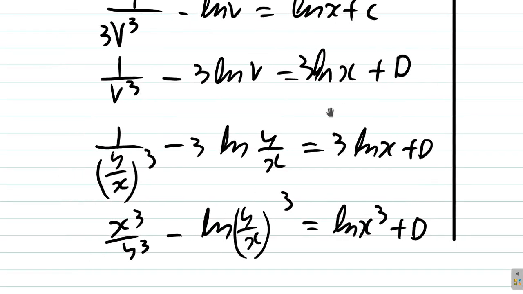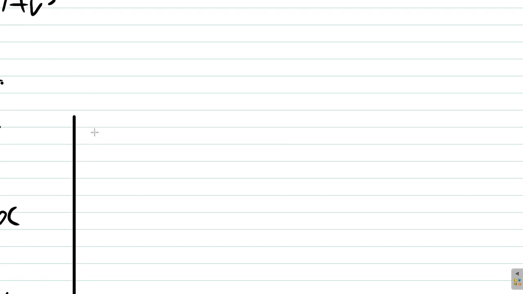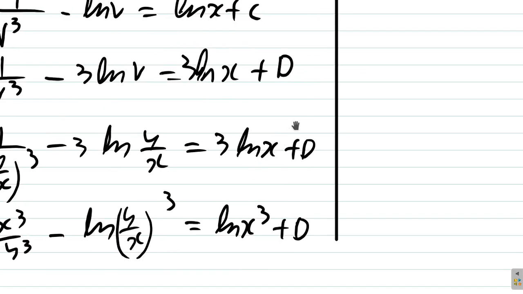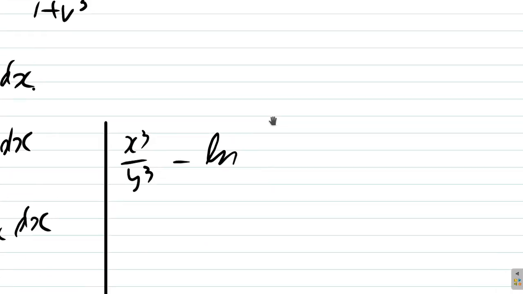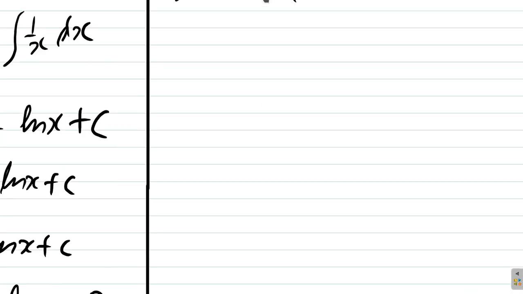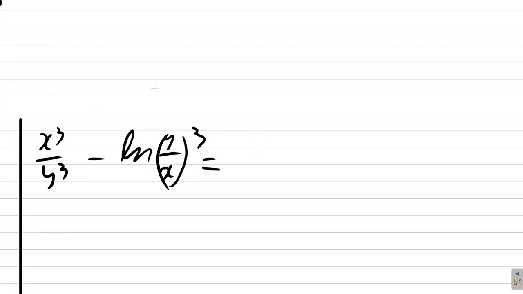So what we have is x cubed over y cubed minus ln of what now? ln of (y over x) all cubed equals ln x cubed plus d.